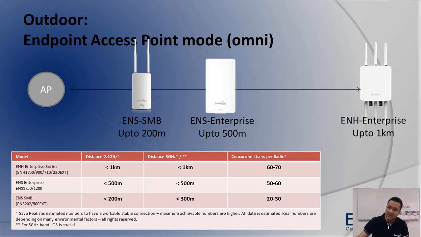So the second access point, this one, is the ENS Enterprise Series, the ENS 1200 1750. This one actually also has an omnidirectional antenna, but this antenna is a special design built inside the housing of the access point.